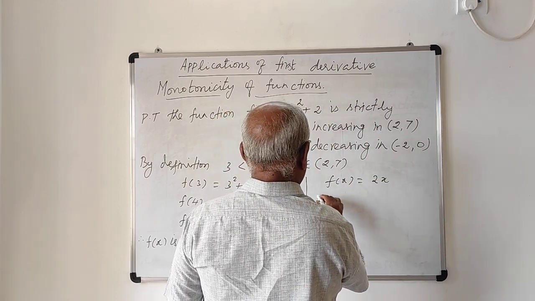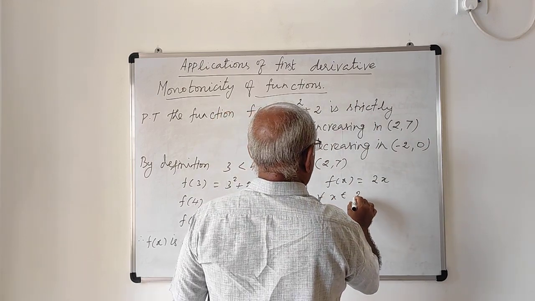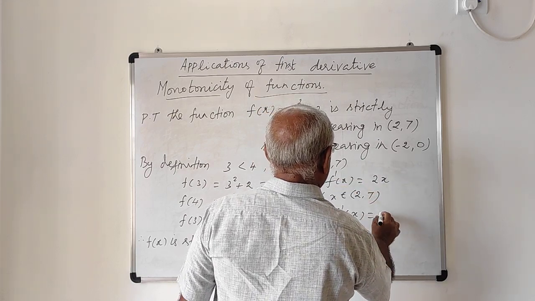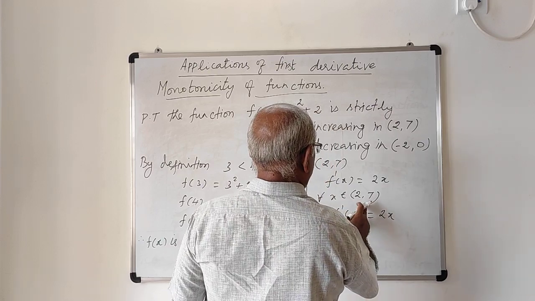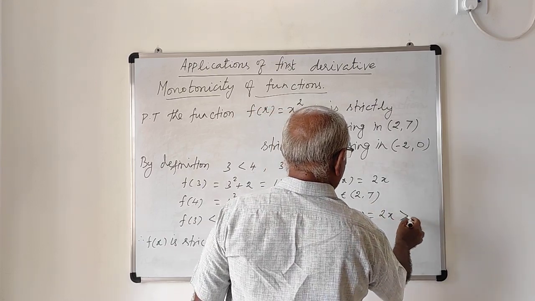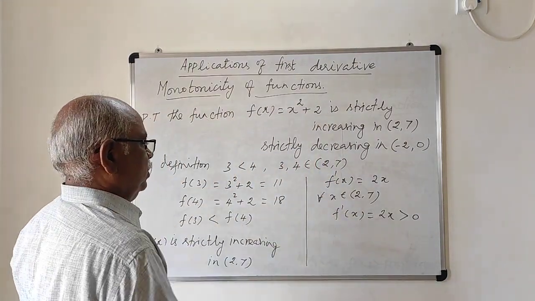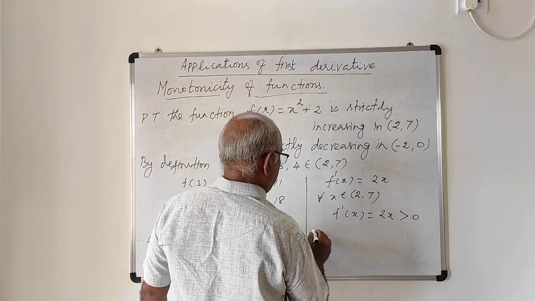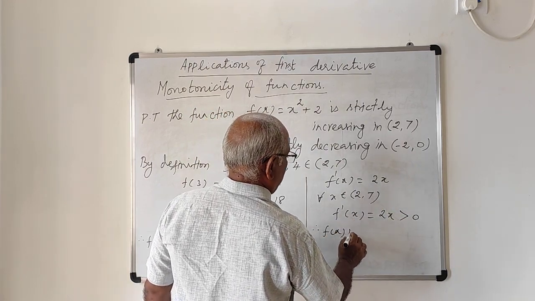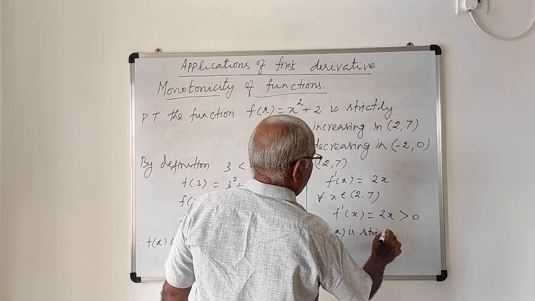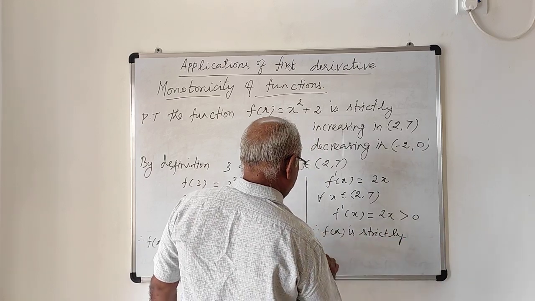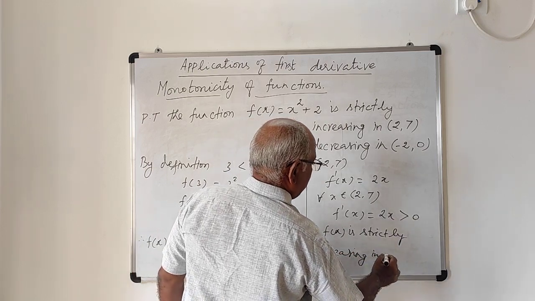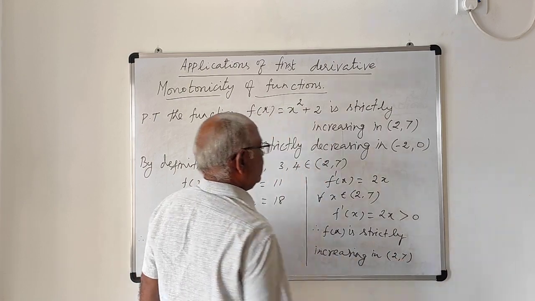Therefore, for all x belongs to the open interval 2, 7, f dash of x is equal to 2x. For any value of x in the interval 2, 7, this is greater than 0. Therefore, by the derivative test, the function f of x is strictly increasing in the interval 2, 7.